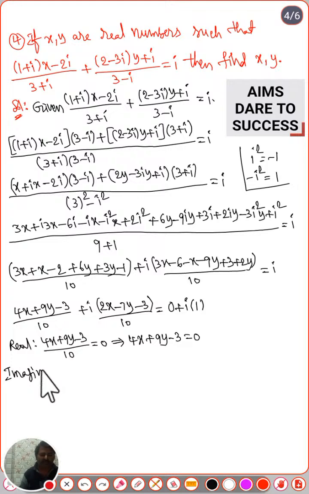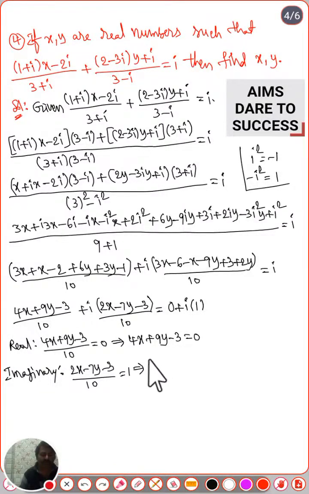Next, imaginary part. What is the imaginary part? (2x minus 7y minus 3) divided by 10 is equal to, here, imaginary value 1.